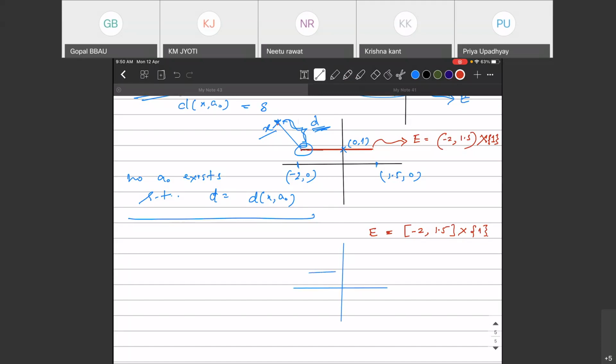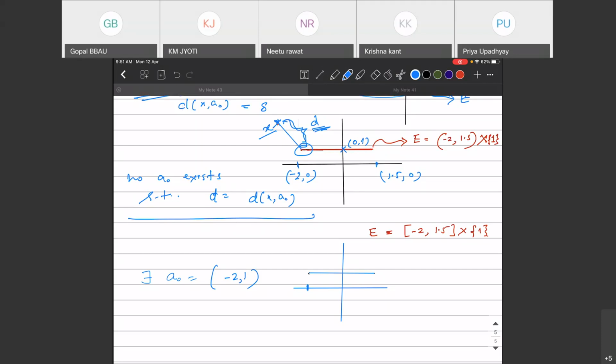So the endpoints are there. These two points belong to the set E. In this case, there exists A naught. What is A naught? A naught is this point, (-2, 1).